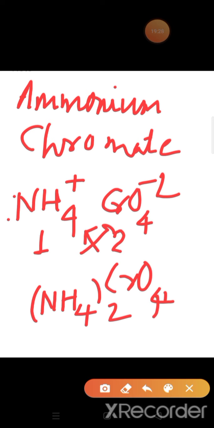Next, ammonium dichromate. Ammonium is NH4 positive and dichromate is Cr2O7 double negative. 1, 2.